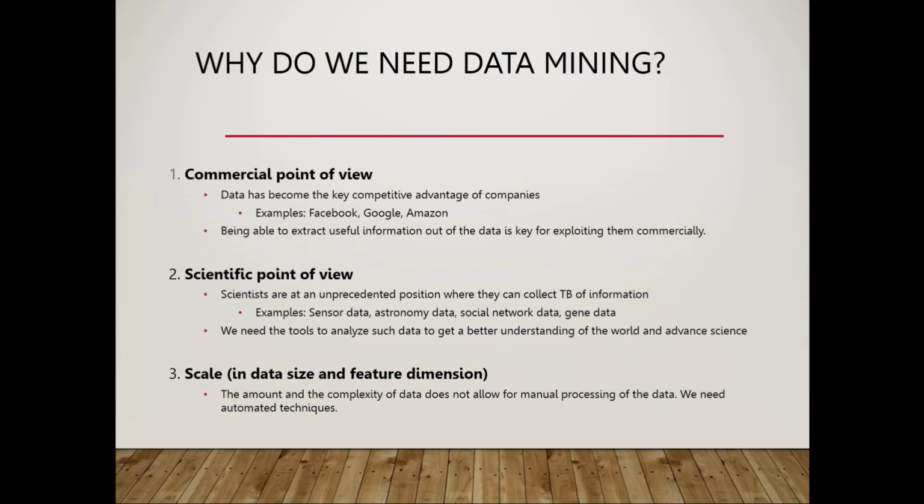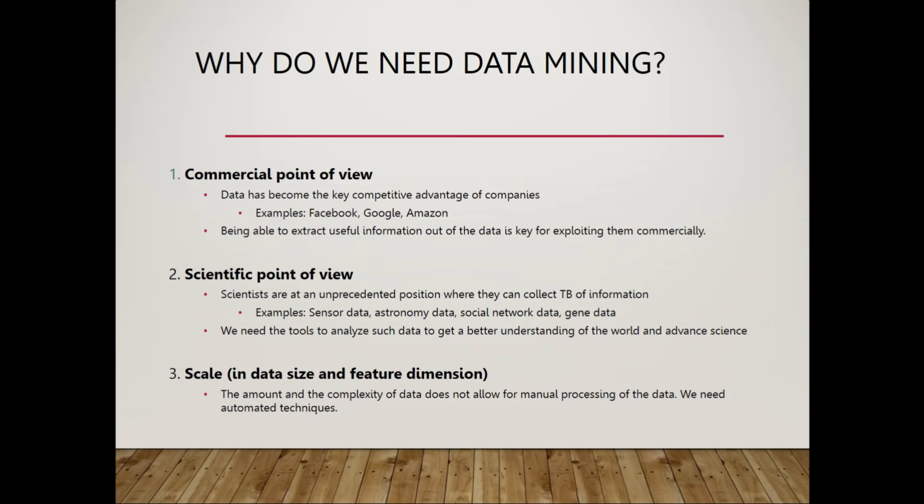So we need data mining from three points of view. First is the commercial point of view, another one is the scientific, and the third one is the scale. Commercial point of view means the data which is being used by Facebook, Google, Amazon for their commercial process.